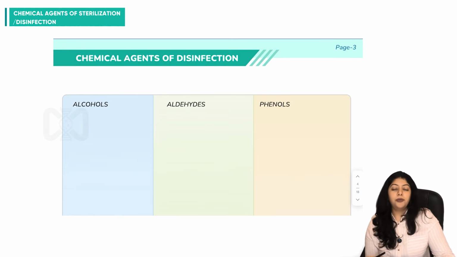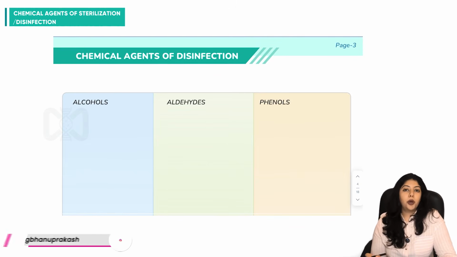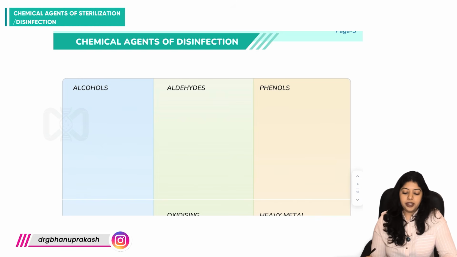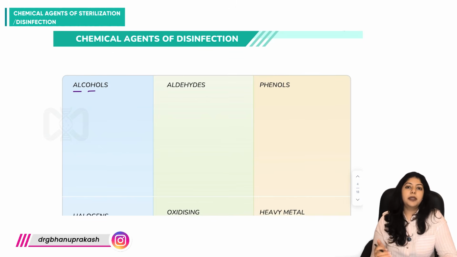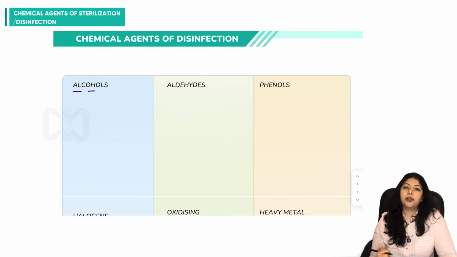So now moving on to the broad categories of these disinfectants. Firstly, let us talk about alcohols. We will first be listing all of these agents and later on we'll be discussing their working principles and uses.